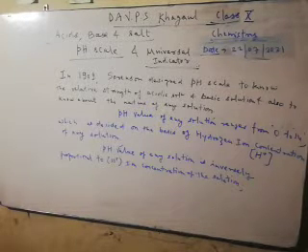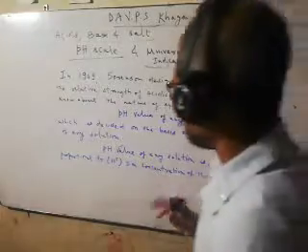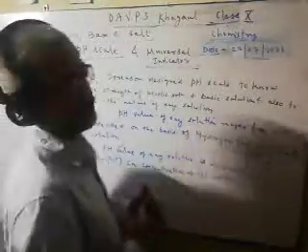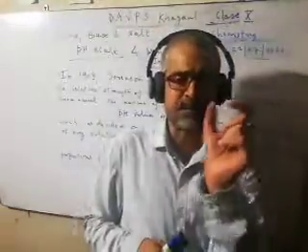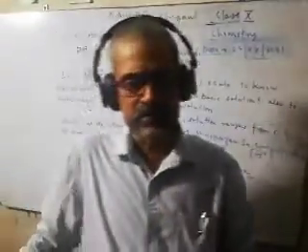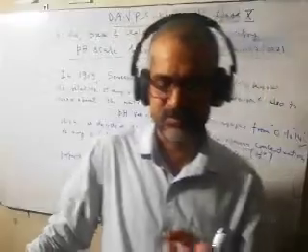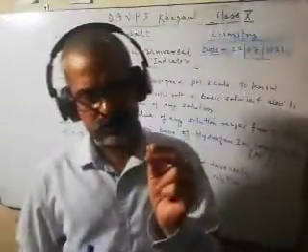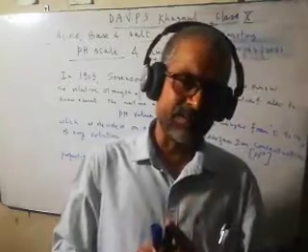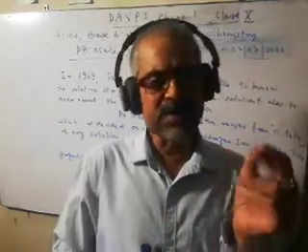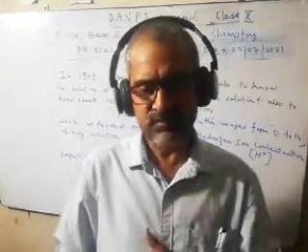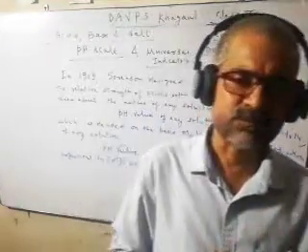Actually, this pH scale works on the basis of hydrogen ion concentration of any solution, H plus ion concentration. You know that neutral water also gives H plus and OH minus ions when it is ionized.